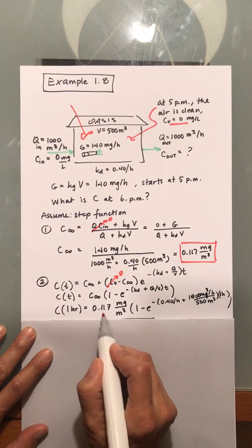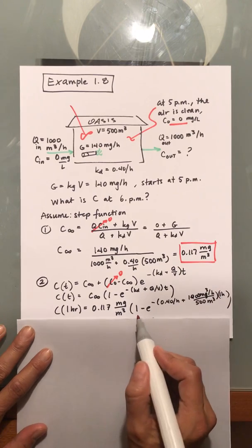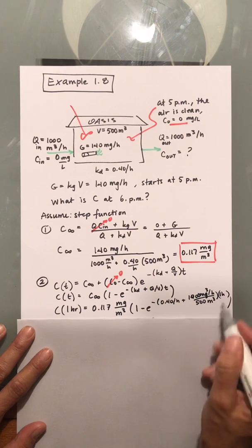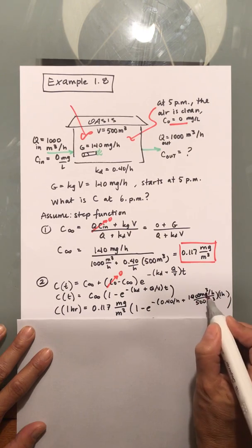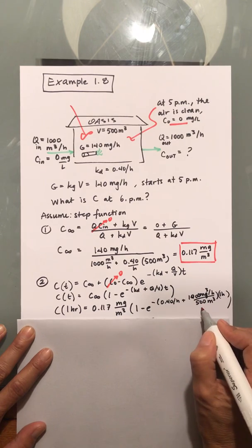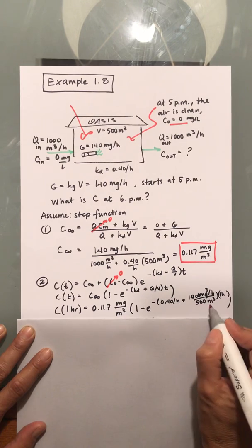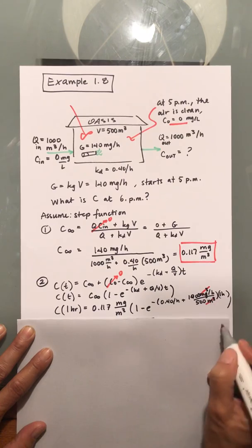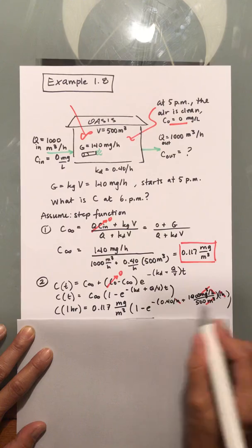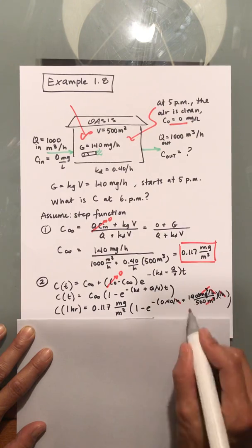C infinity is 0.117, which we just found, times 1 minus e to the negative 0.4 per hour plus 1,000 meters cubed per hour divided by the volume of the bar, which is 500 meters cubed. Meters cubed cancel out, hours cancel out, because hours is multiplied by both terms.